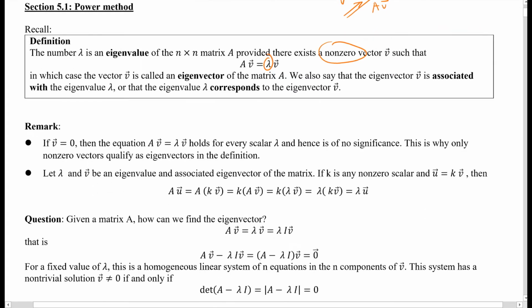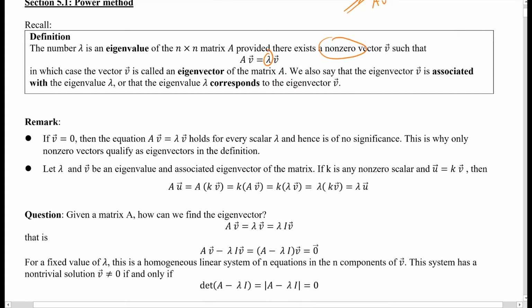Next, let lambda and v be an eigenvalue and an associated eigenvector of the matrix. If k is any non-zero scalar and let u be k times v, then Au equals A times kv. Because k is just a scalar, multiplication of scalars is commutative and associative, so we can move the k right here.